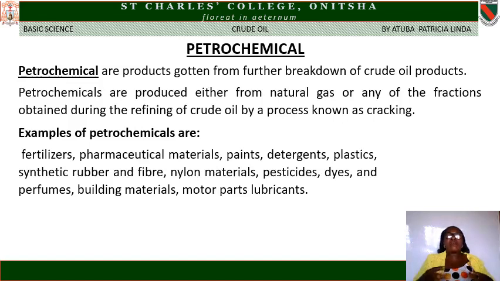Examples of petrochemicals: we have fertilizers, pharmaceutical materials, paints, detergents, plastics, synthetic rubbers and fibers, nylon materials, pesticides, dyes and perfumes, building materials, motor parts, lubricants.